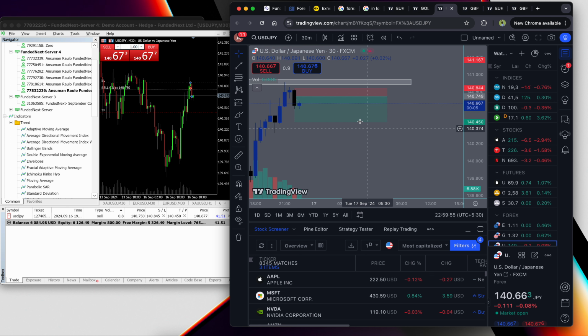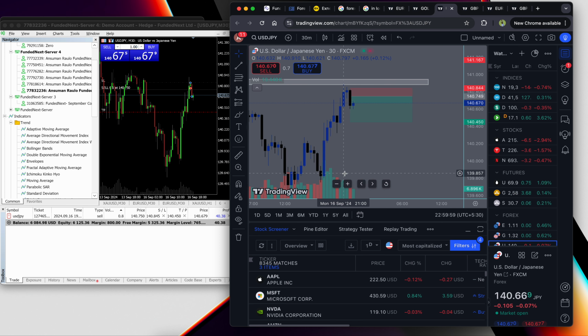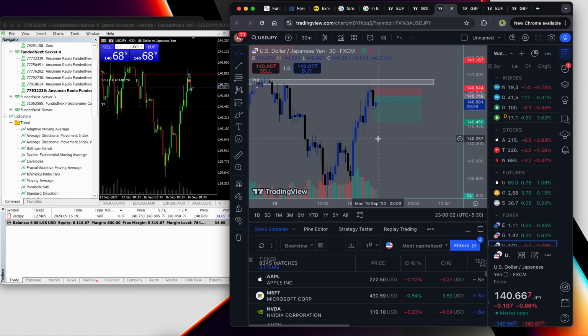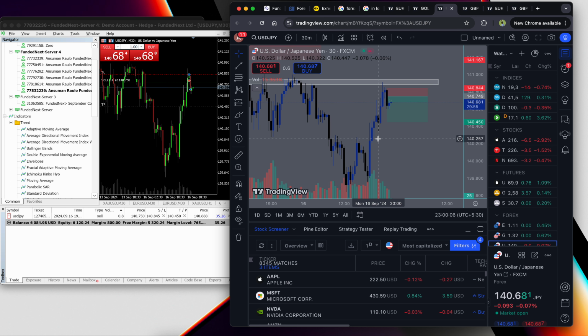But the candle that formed was a doji, and in doji candles, basically you cannot predict the upper movement, because a doji candle means the sellers and buyers in the market are confused.